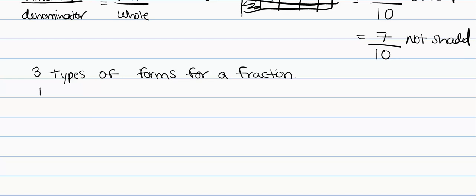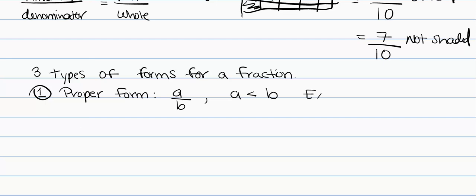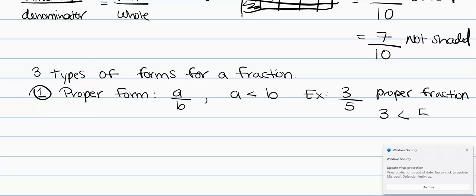The first form is the most common type, and that is called the proper form. Say, for example, you have a fraction a over b. This just means that a is less than b. For example, 3/5 is known as a proper fraction because my numerator 3 is less than 5.